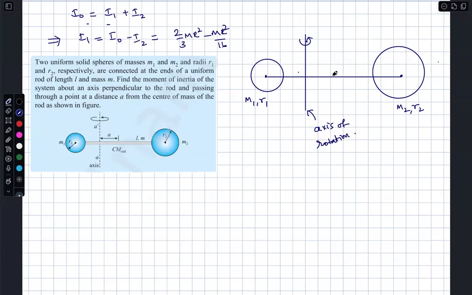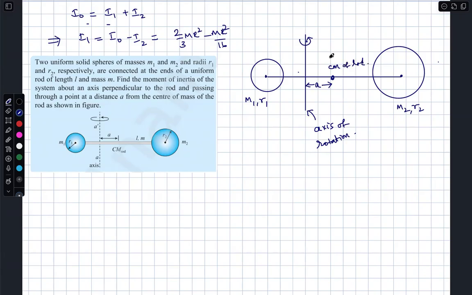This is the axis of rotation. This is the center of mass. Total length is L. This is the center of mass of the rod.